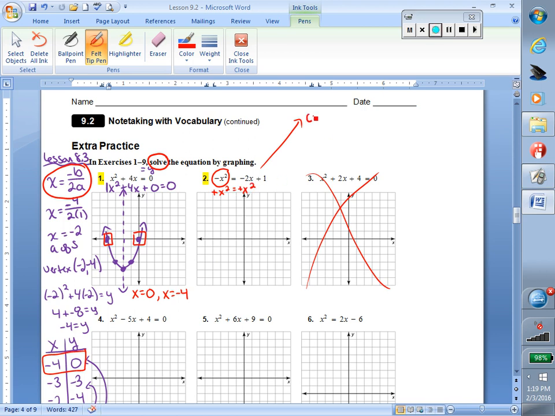So we end up with 0 equals x squared minus 2x plus 1. You want to keep your squared term positive, even if that means you have to move maybe 2 terms to keep that positive. It's just going to make graphing a lot easier for you.